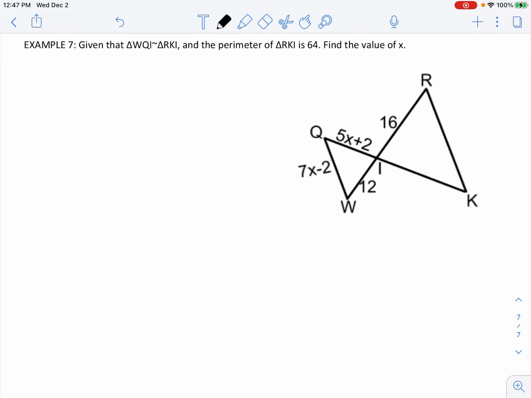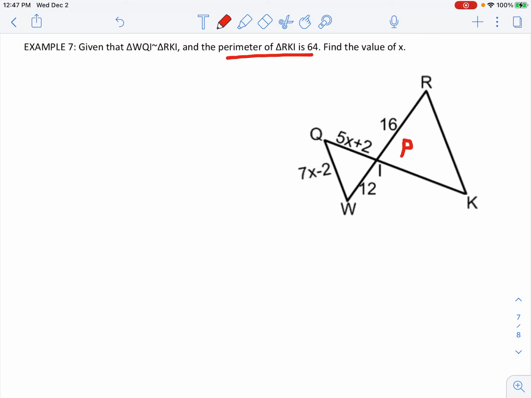All right, let's look at one more perimeter question, and let's look at a picture that gets a little more confusing. You'll notice they tell us the perimeter of triangle RKI is 64, so I know the perimeter of this triangle. It's 64, so I'm going to put that on the inside just so I know what the perimeter is.